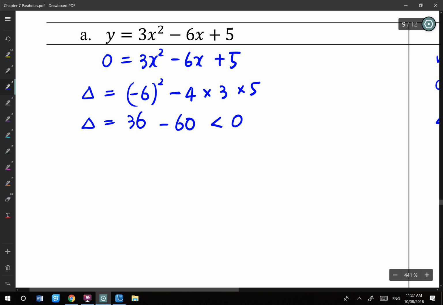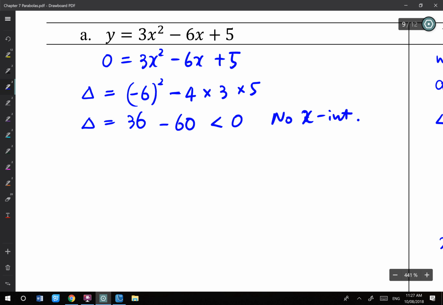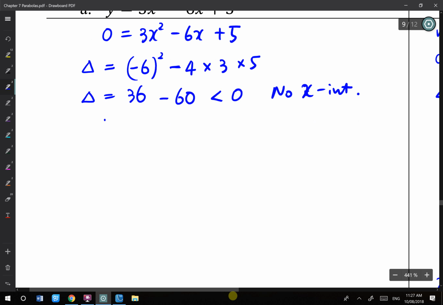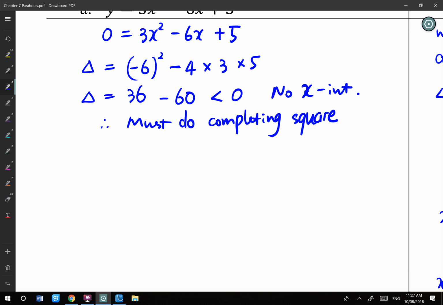It's less than 0, and there's no x-intercept. If there's no x-intercept, what does that mean? We can't use this method, and I must go for completing square. I just showed you a counter example in this exercise. It's not working for some of the equations.